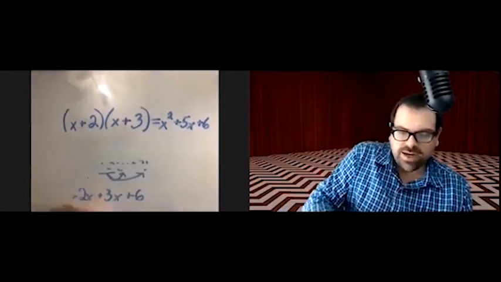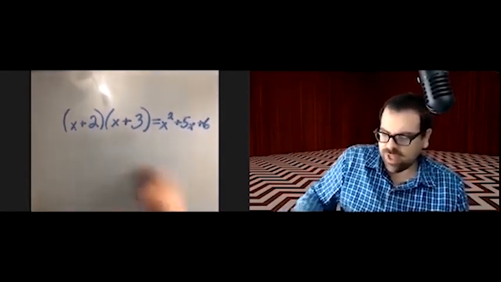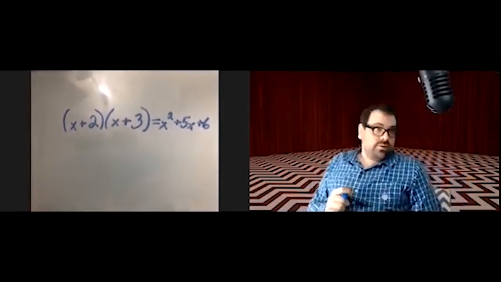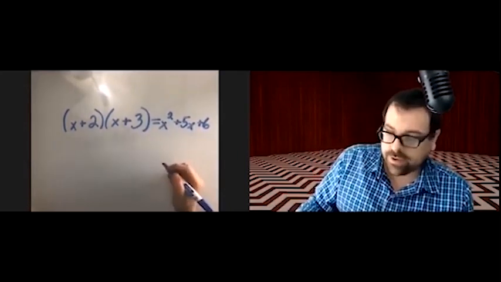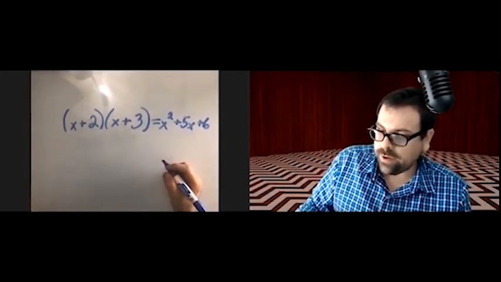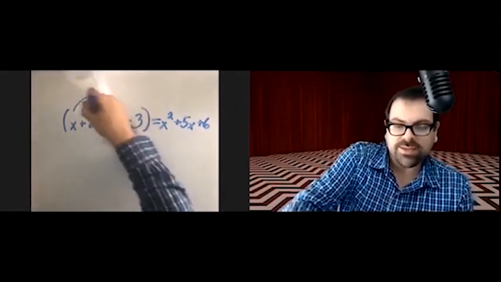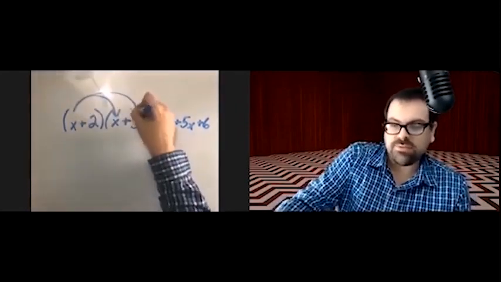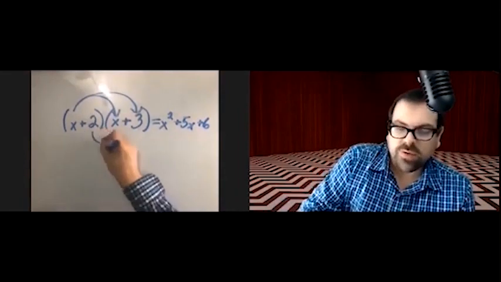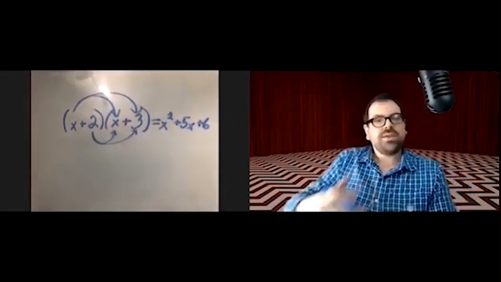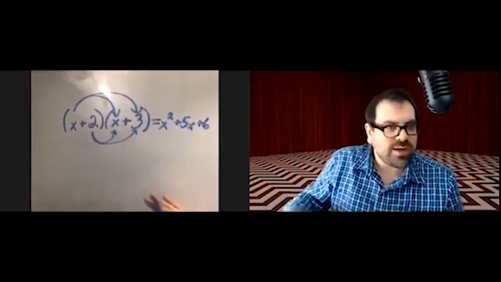When it's just a binomial times a binomial like this, there's a bit of a shortcut where we would multiply the x times both things, and then we would multiply the 2 times both things, because that's what we ended up doing anyway in the long run.